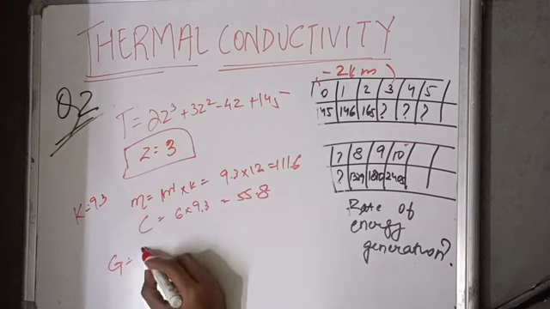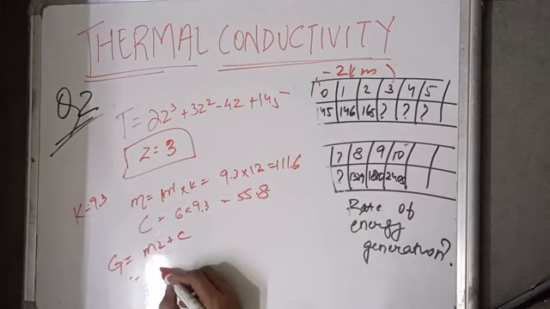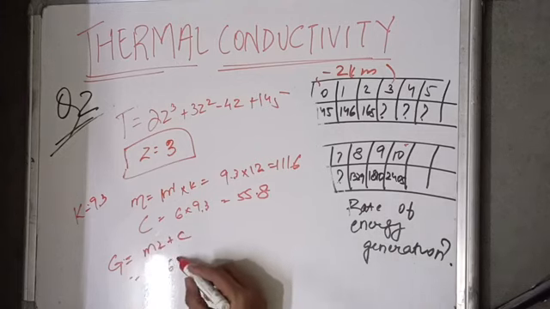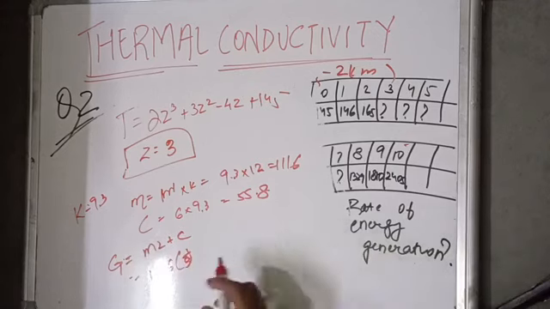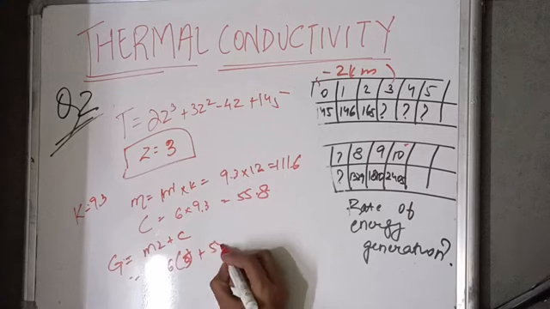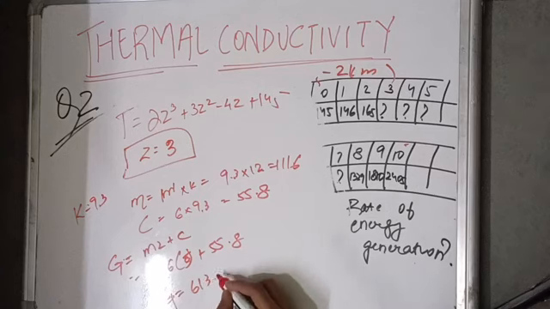In the start, we know the equation of the linearly increasing straight line was mz plus c. We got 111.6 times z, at a distance of 5, as given in the question, plus 55.8. We got the value of heat generation as 613.8 watt per meter cube.